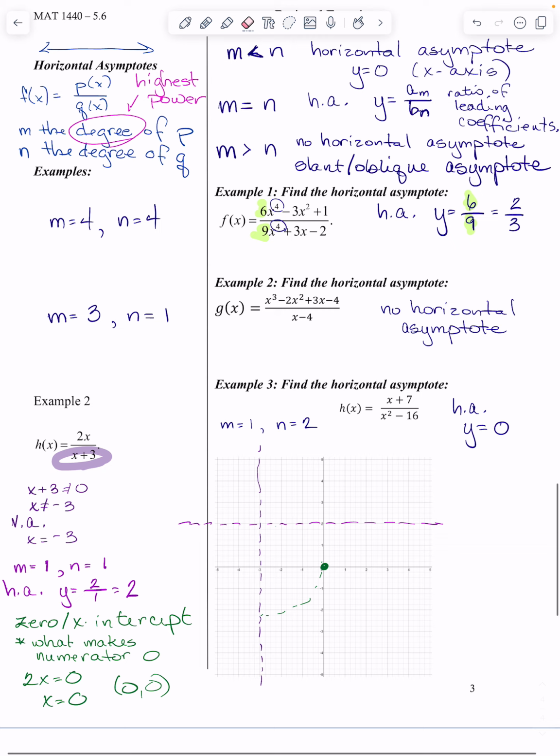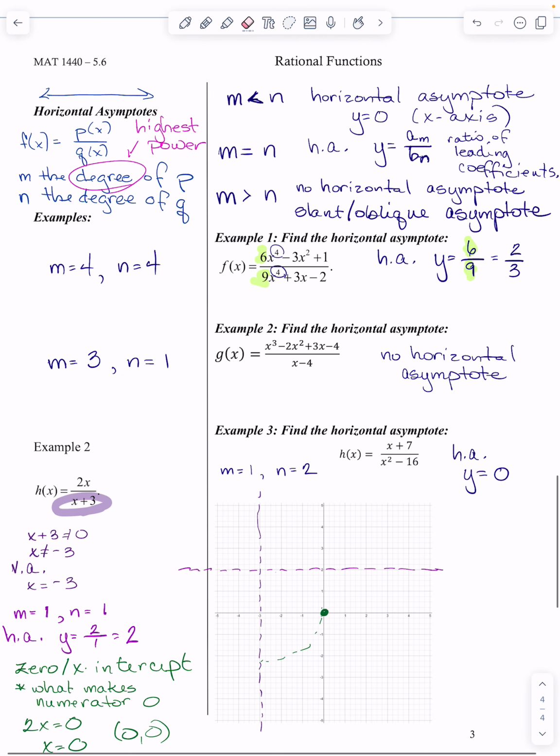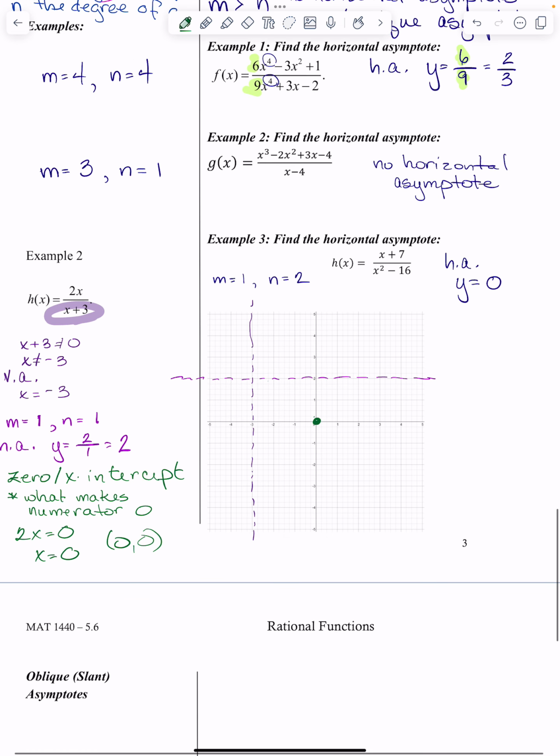That also hits an asymptote. So the only way my graph can look down here in this corner is up and approaching the asymptote this way, and down and approaching the asymptote this way. Okay.